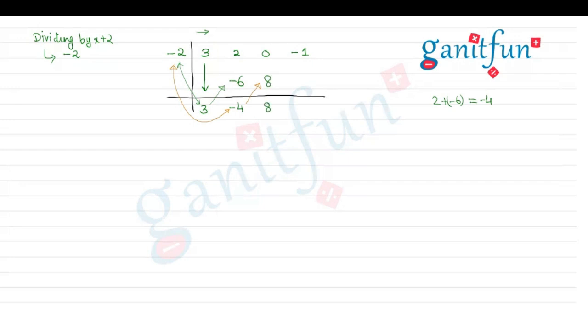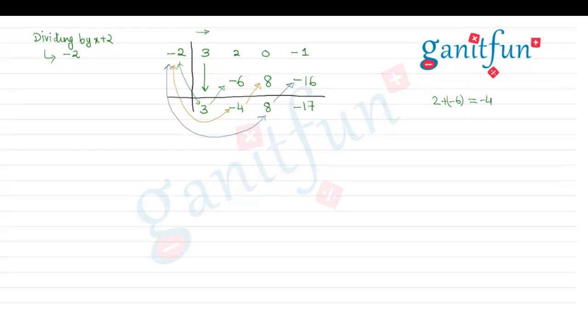Then in the next step, we'll multiply this minus 2 with this 8, and the answer we'll write at this place. Minus 2 into 8 is minus 16, and we'll add both of them. Minus 1 plus minus 16 is minus 17. So this is the answer which we have got.